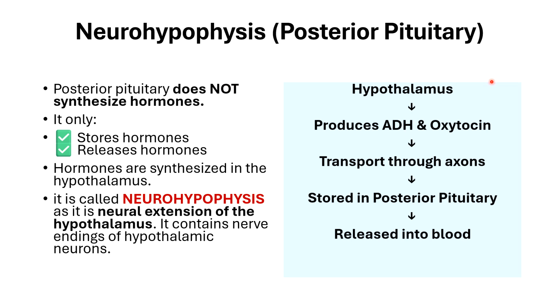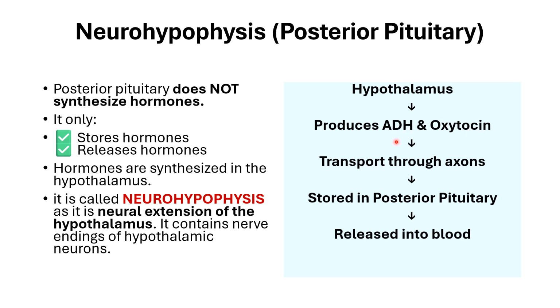Does the posterior pituitary synthesize any hormones? The answer is no. By itself, the posterior pituitary does not synthesize any hormones, but it stores and releases the hormones that are synthesized by the hypothalamus. So pay attention to this very important flow chart. The hypothalamus produces the hormones ADH and oxytocin.